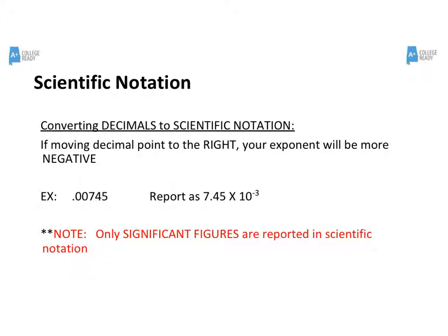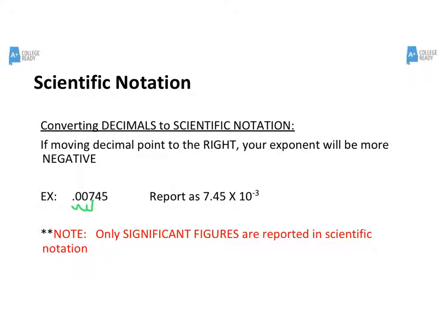If moving decimals to the right, your exponent will be more negative. So if I take this decimal and I move it until I have a number that is greater than or equal to 1 and less than 10, I have to move that 3 places, right between the 7 and the 4. If I only move it 2 places, I have a number less than 1.